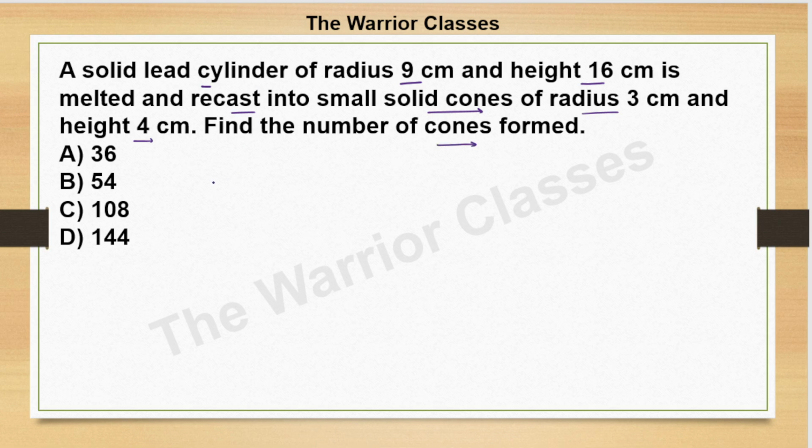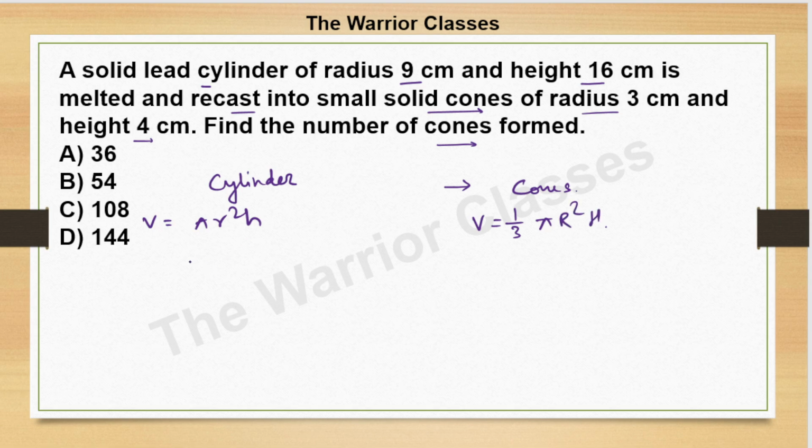So before melting it was a cylinder, right? And after melting it changed into solid cones. We know the volume of a cylinder is pi r square h, and the volume of a cone is 1 over 3 pi r square h, right?